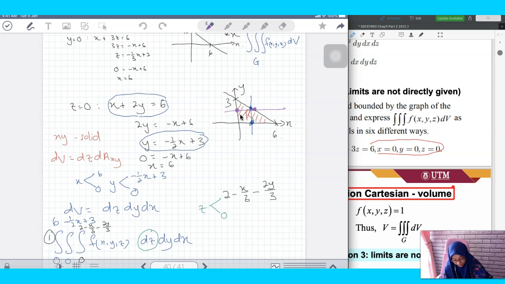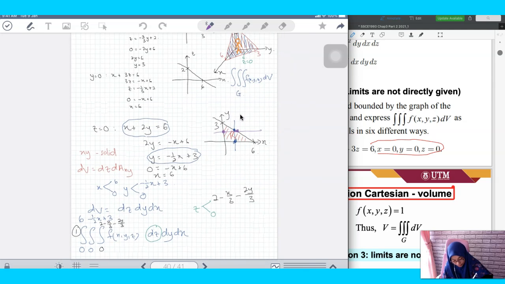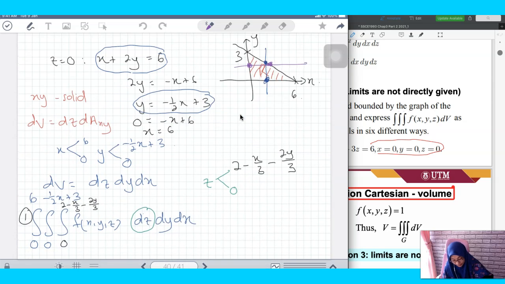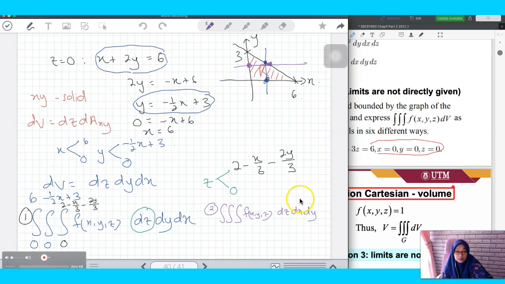Okay, so now the second part, number 2, you have the triple integral. The function is the same, but now you just change the order, dz, dx, dy. That is the second one. So now you want y to be constant.